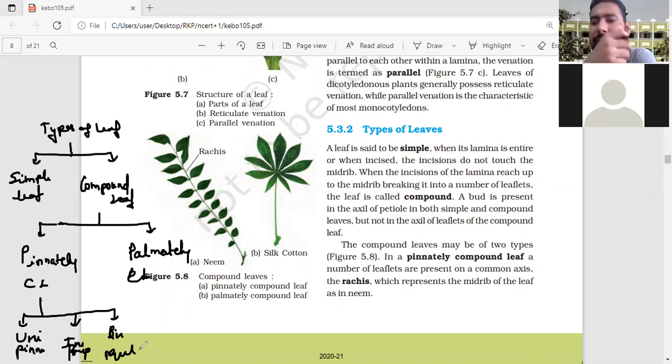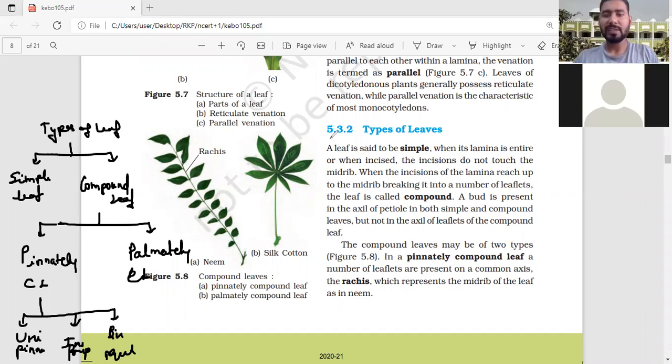For palmately compound leaf, the term unipalmate is not used, though others use it. That is sufficient for you. Pinnately compound leaf: unipinnate, bipinnate, imparipinnate, and multipinnate.